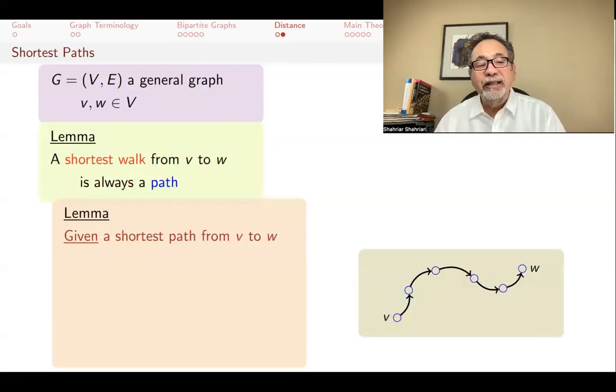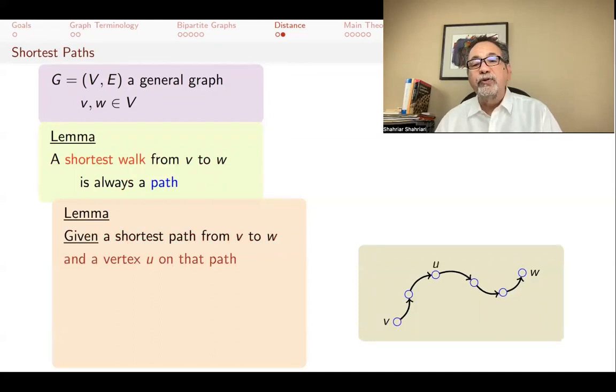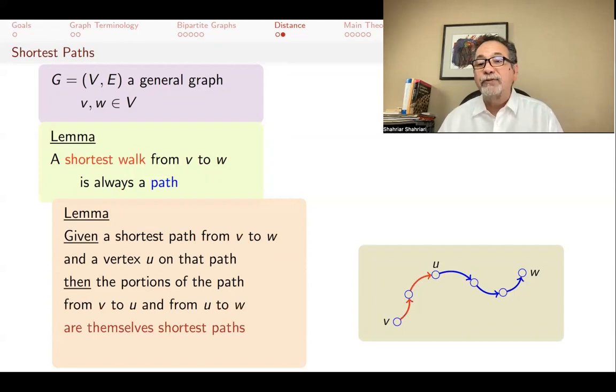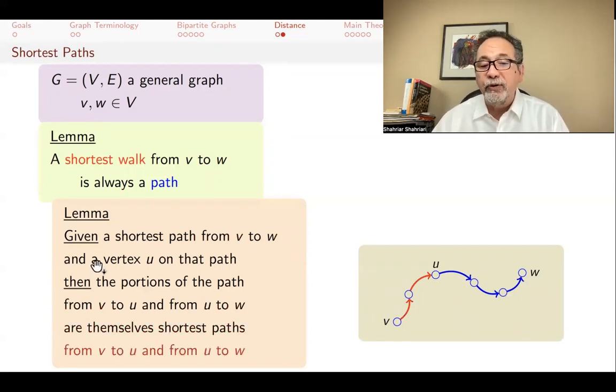And here's the lemma. Let's say that you have a shortest path from V to W, and then you pick some vertex U on that path. Now, the portions of the path from V to U and from U to W are themselves shortest paths. Why is that? Going from V to U, there might be another path from V to U with the same length, but there can't be a shorter one.